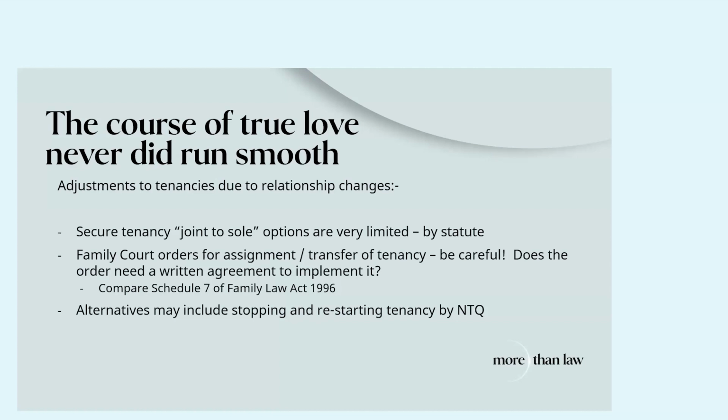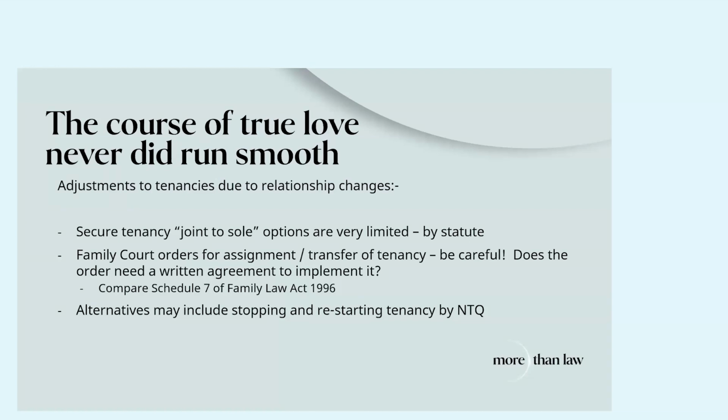Other than that, as I say, whether that's due to relationship breakdown or because one party is now absent, alternatives may include having to stop the tenancy via notice to quit and re-grant it afresh, or sometimes you can do what's called a surrender and re-grant. But surrender and re-grant is going to be a bit trickier because that needs the agreement of all joint tenants.